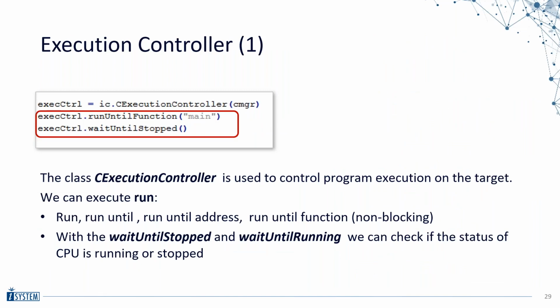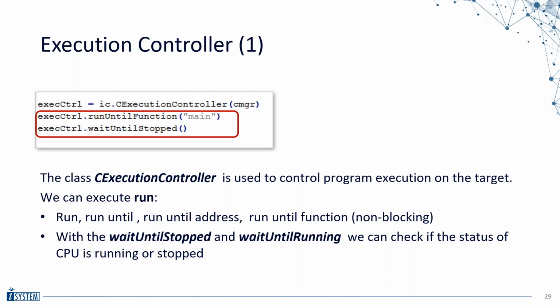The next very important controller is the so-called execution controller. With the execution controller, of course, we control the execution, the run, stepping of the program. We have so-called run methods of this controller, like run until address, etc. These are so-called non-blocking Python execution.